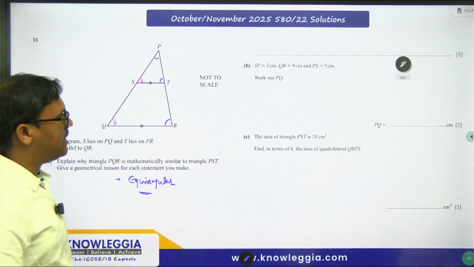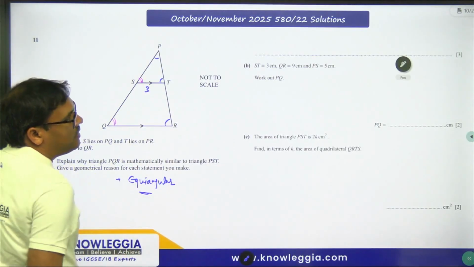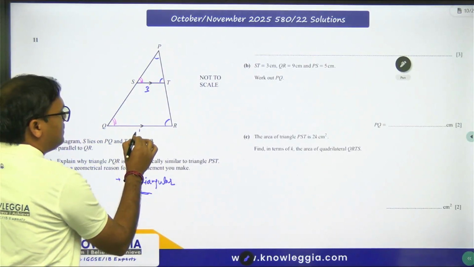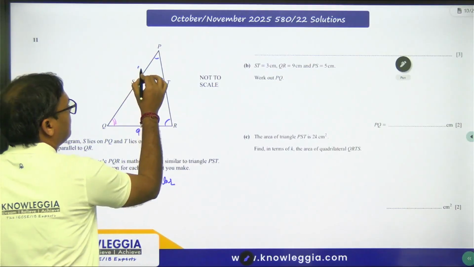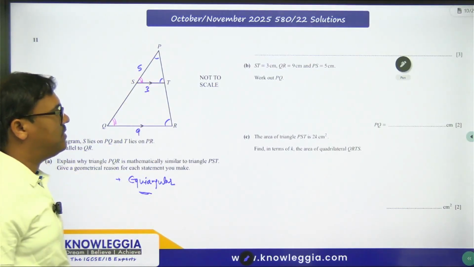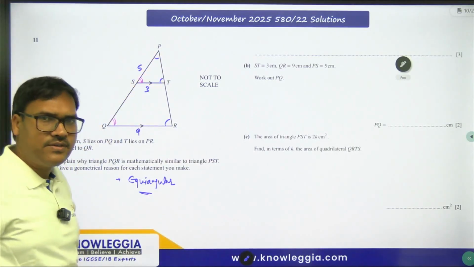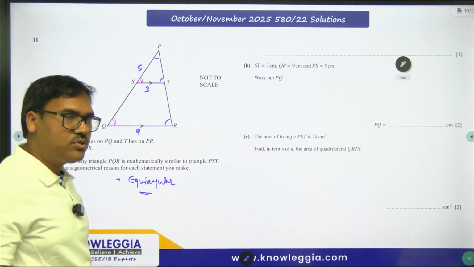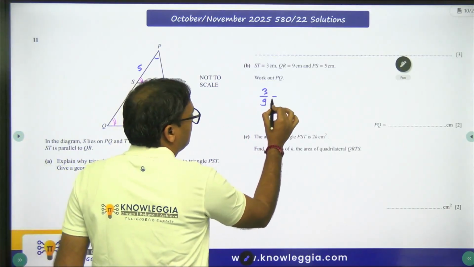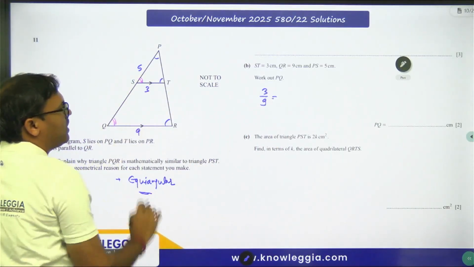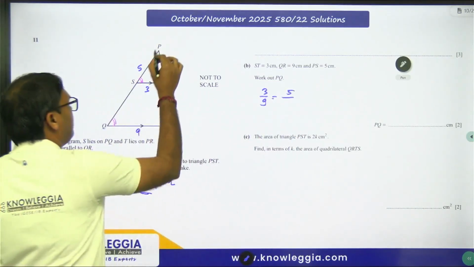Okay. Now the second one. ST is 3 centimeter. QR is 9 centimeter. And PS is 5 centimeter. Find the length of PQ. So you can see if the triangles are similar, the sides are proportional. So this side ST upon QR, 3 by 9, is equal to PS, which is 5, upon PQ.